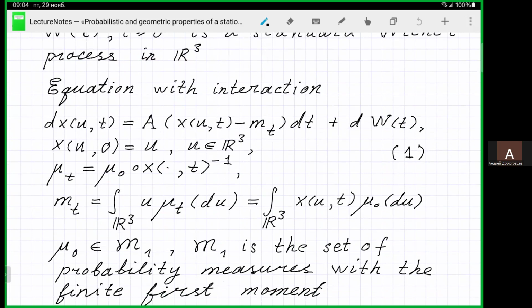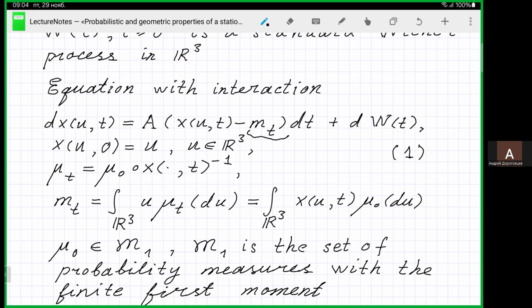Here in the right-hand side, you see an interesting new term, M_t. Here M_t is the center of mass of our system. You can check that our equation describes the motion of every particle which starts from R3. You see X_0(u) is equal to u, which belongs to R3.